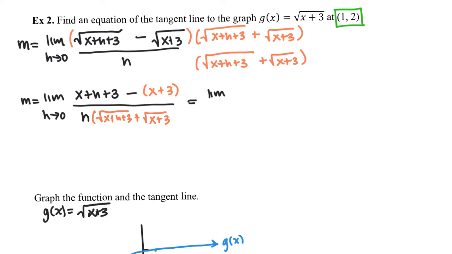Okay, but now I'm going to simplify the numerator. Okay, so if I do x minus h, that cancels. H stays, and then if I do plus 3 minus 3, that also cancels. Okay, now I can cancel out the h, so this won't be indeterminate anymore.